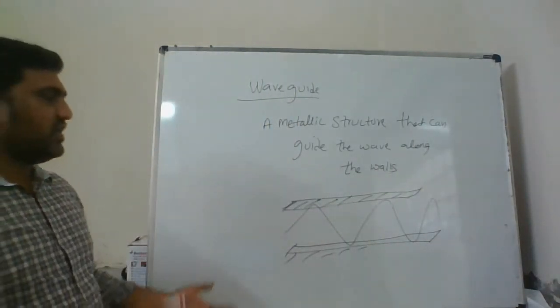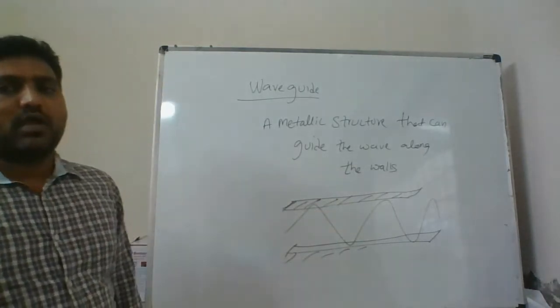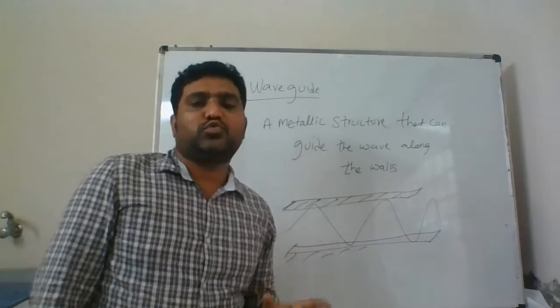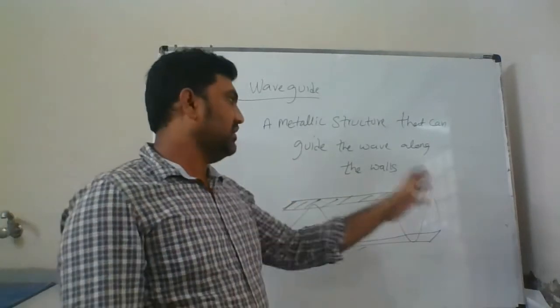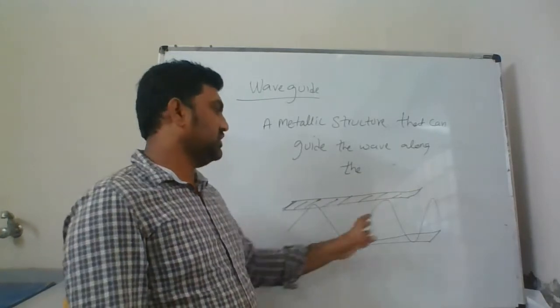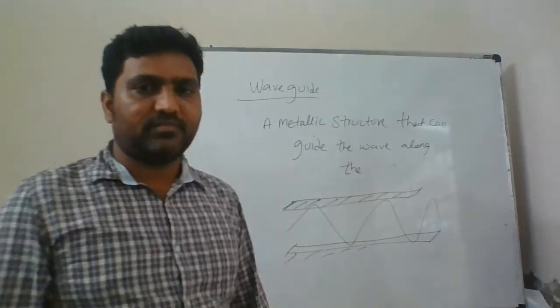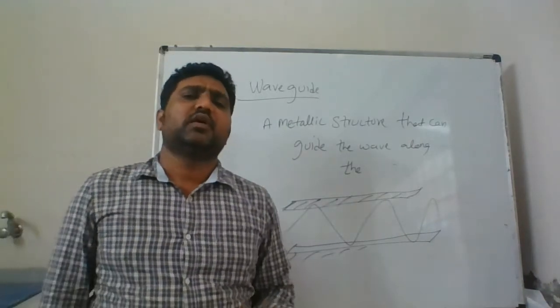So the wave gets propagated inside this structure. A metallic structure that is used to guide the wave along the space inside it is called a waveguide. So, a simple definition.